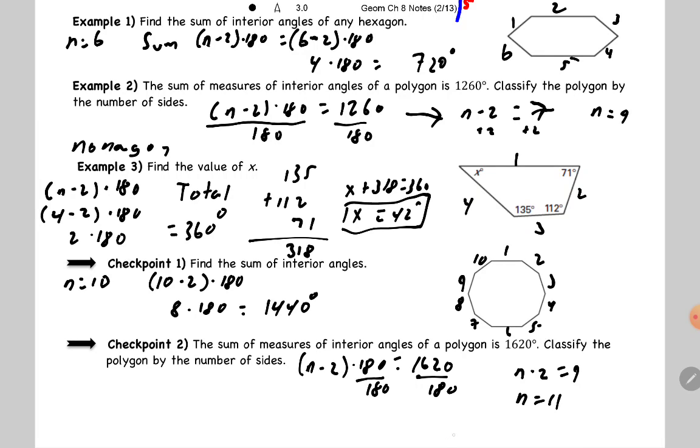And an 11-sided object is... I don't expect you to remember this one. If you want to say 11-sided polygon, that's fine. This is an undecagon or a unidecagon.